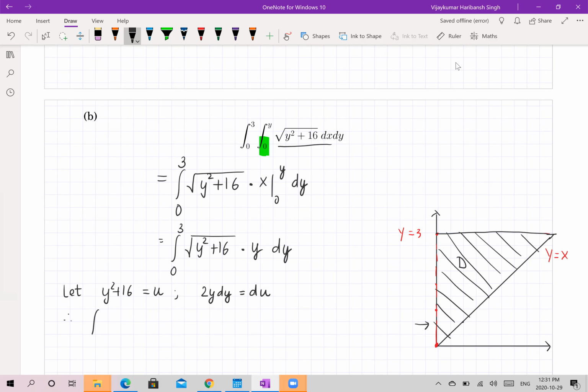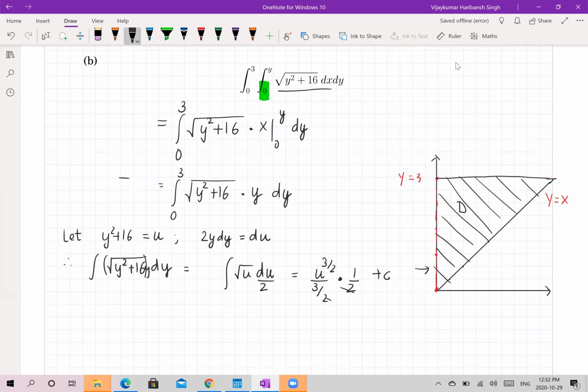So y dy is equal to integral of square root of u du by 2. So this is u to the power half. It's going to be u to the power half plus 1, 3 by 2, divided by 3 by 2. These two and these two will cancel, plus c.